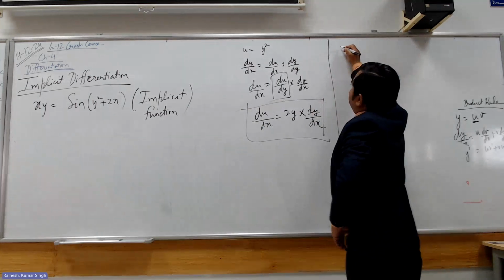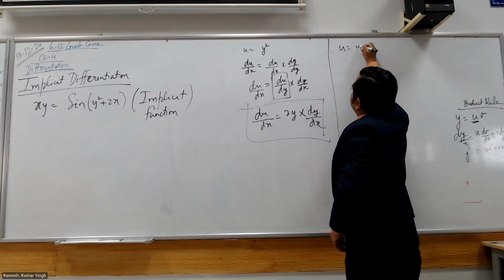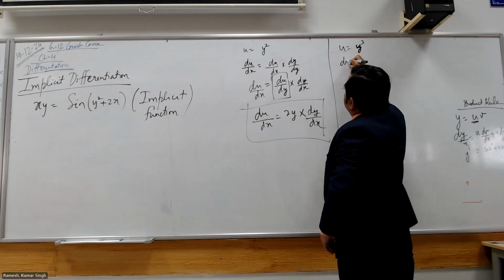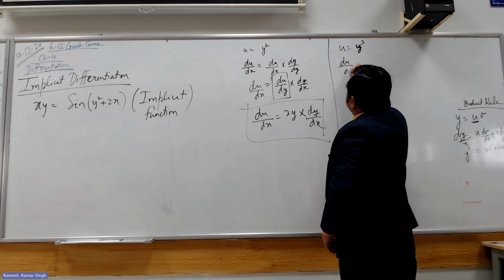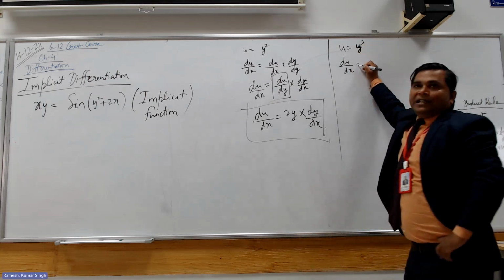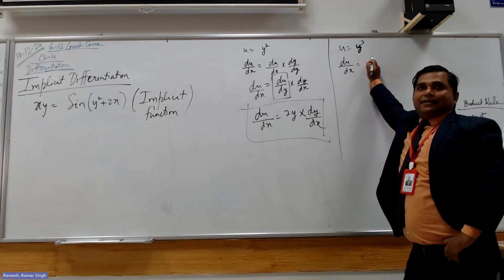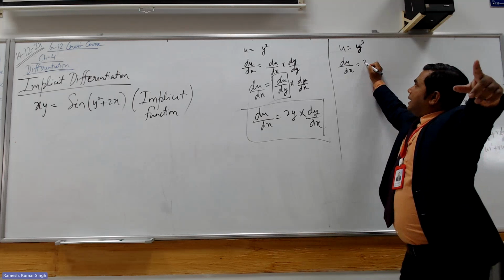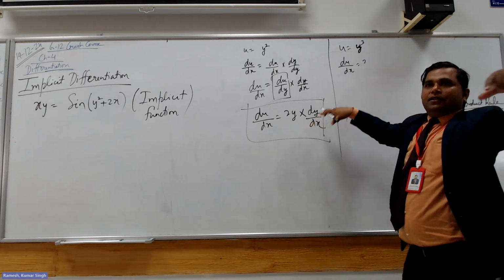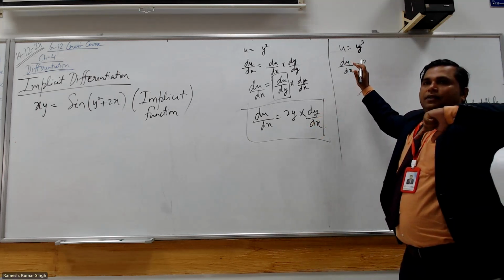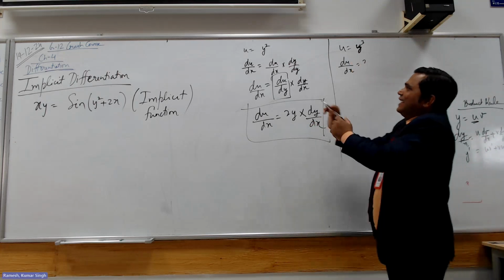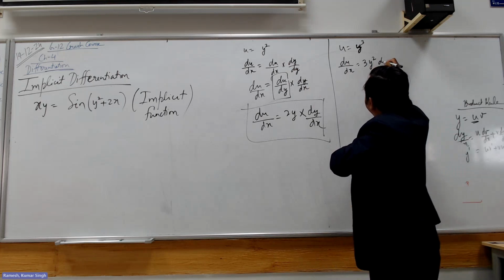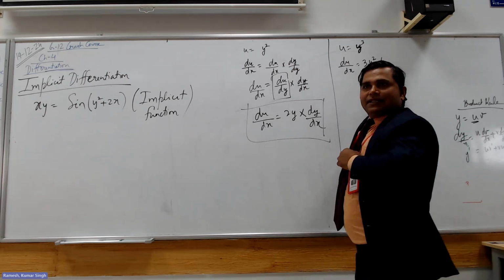Similarly, if u is equal to y to the power 3, what will be the differentiation of u? What will du over dx be equal to? Tell me the final answer. It is 3y squared times dy over dx.